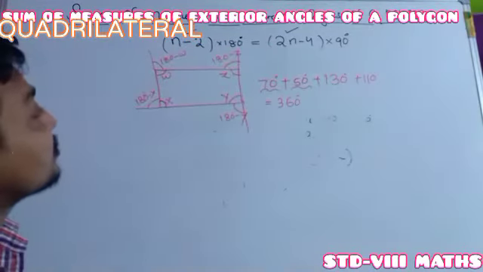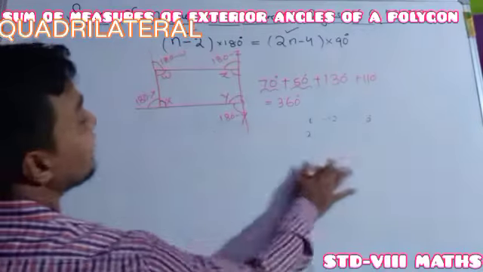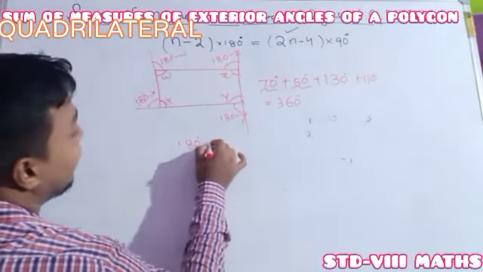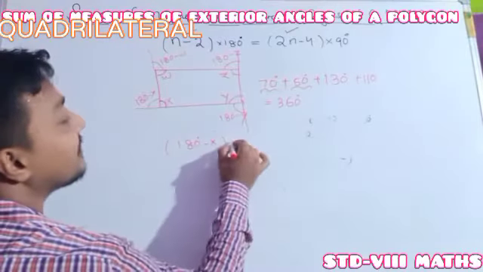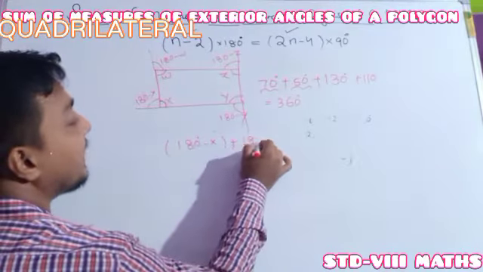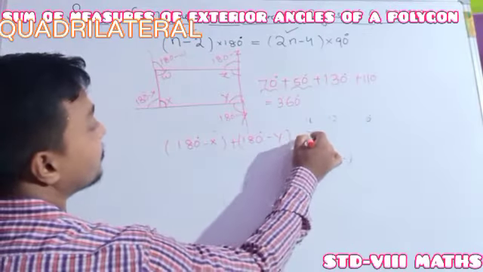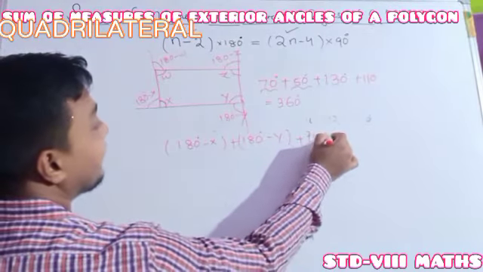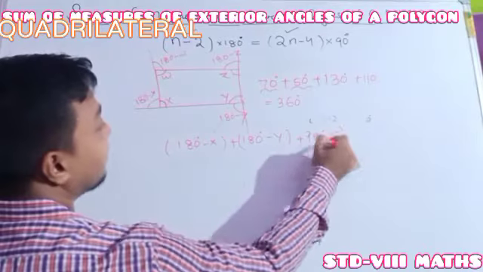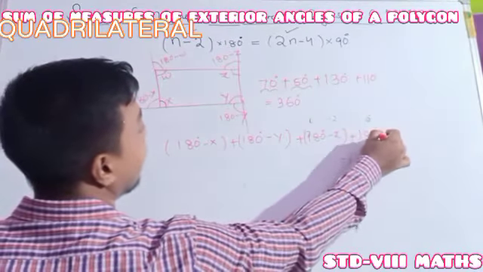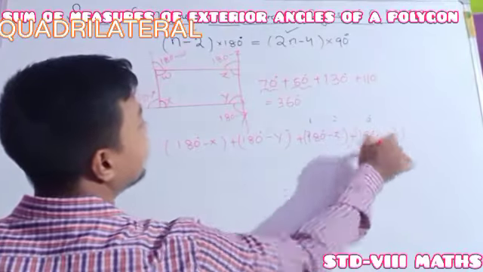So the sum of the exterior angles should be like this: 180 degrees minus x, one exterior angle, plus 180 degrees minus y, plus 180 degrees minus z, plus 180 degrees minus w.